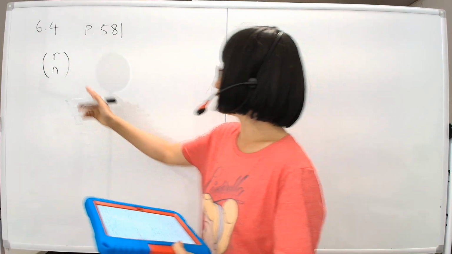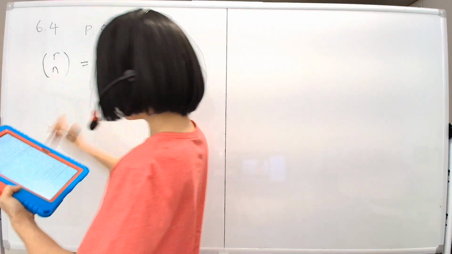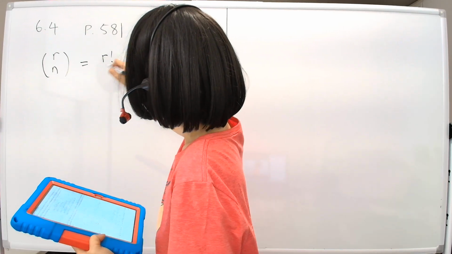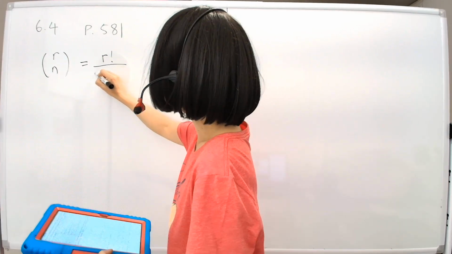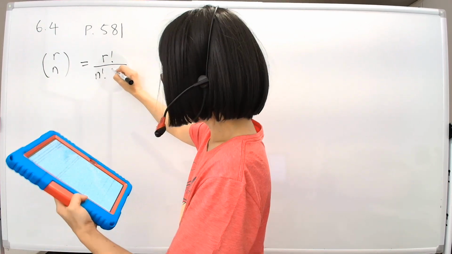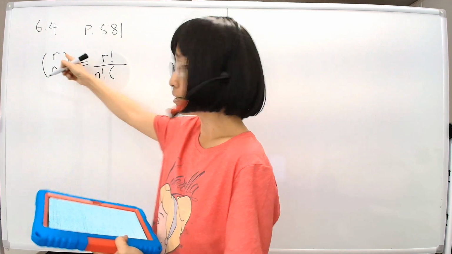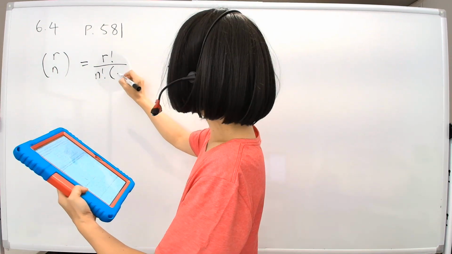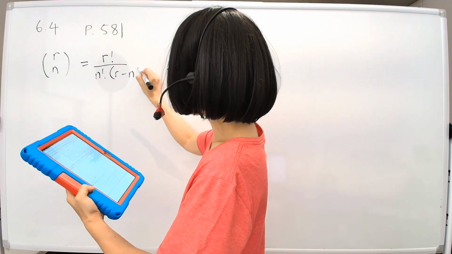So what does this mean? You're going to do R factorial divided by n factorial, where R is bigger than n, and then divide by R minus n factorial.